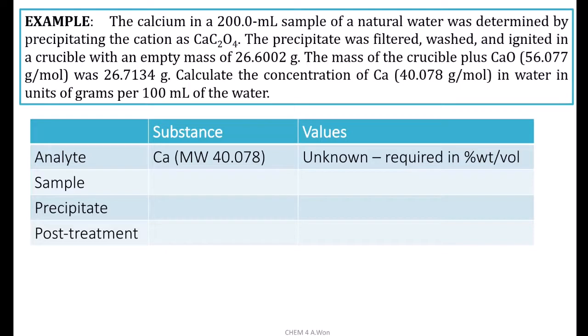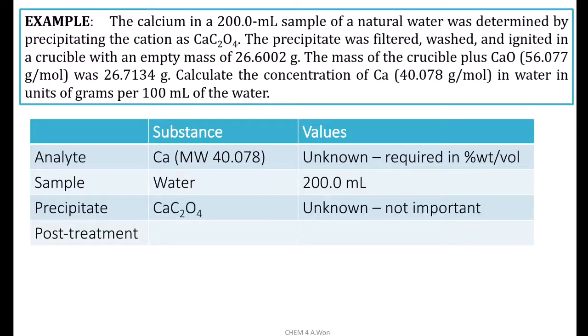Next, the sample is water. The volume is 200.0 ml as in the given. Next, the precipitate from the reaction is calcium oxalate, but no mass of the precipitate is given, and you will soon realize that it is not so important because the precipitate undergoes heat treatment.